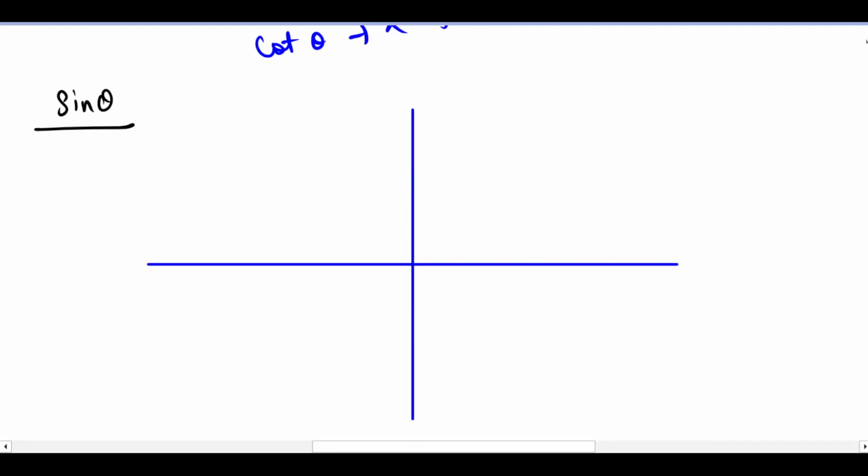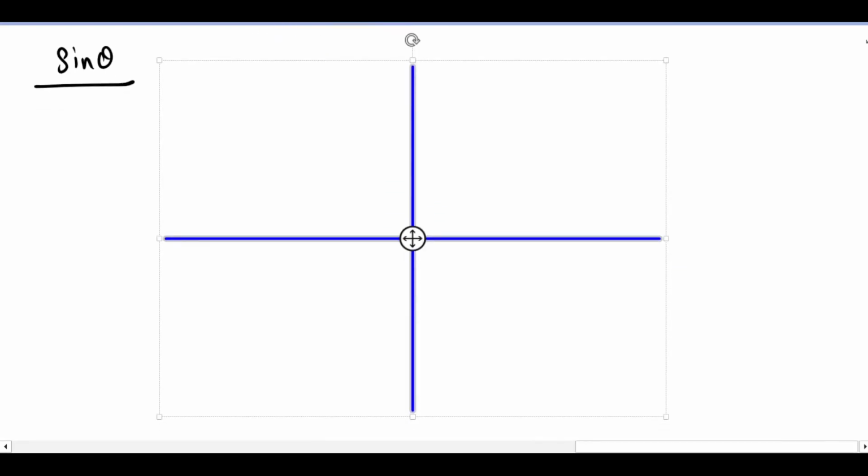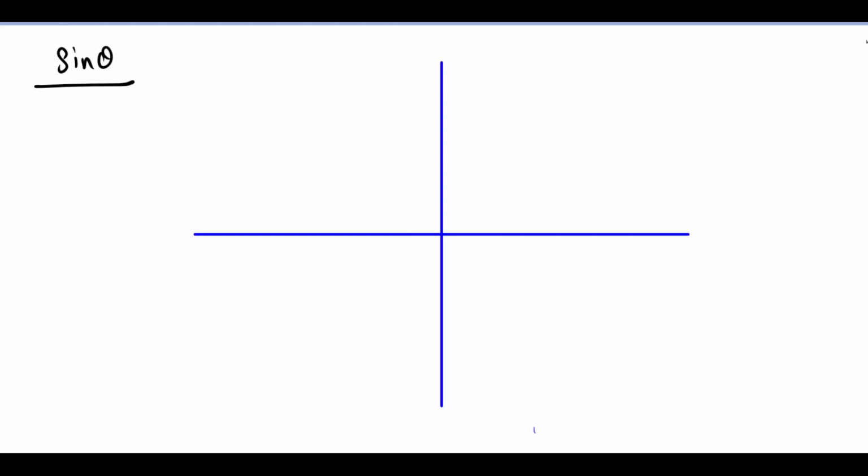So this is a Cartesian system. So this is y-axis, this is x-axis.